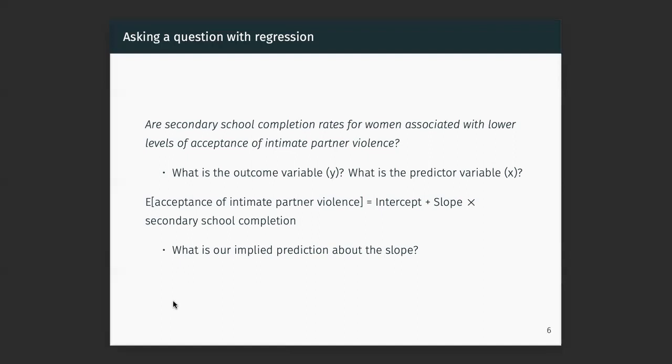That is, as secondary schooling increases, women should have less toleration for intimate partner violence. Depending on how we set it up, it's either a positive or a negative relationship, but it's clear that as education increases, we should expect lower levels of acceptance of intimate partner violence according to our theoretical framework.